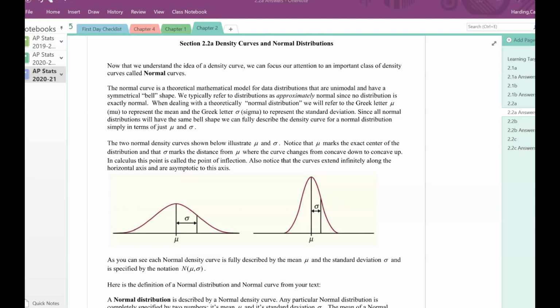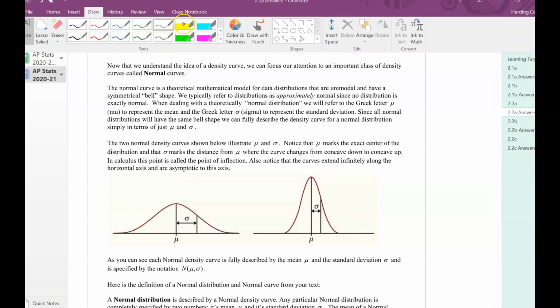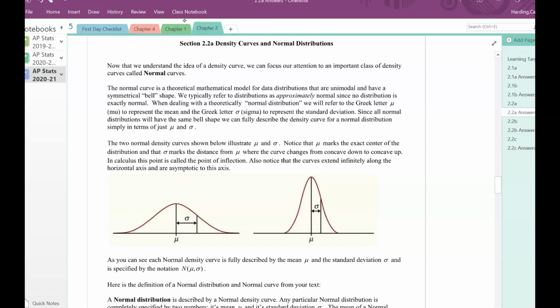So because all of the normal distributions have exactly the same curve, we only need those 2 pieces of information to make a sketch. And you can see what I'm highlighting here on the screen. This is often how a normal curve is described, with the first value, mu, being the mean, and the second value, the standard deviation.